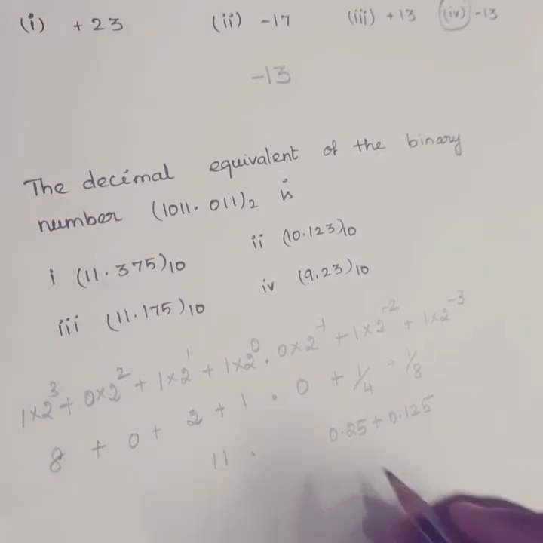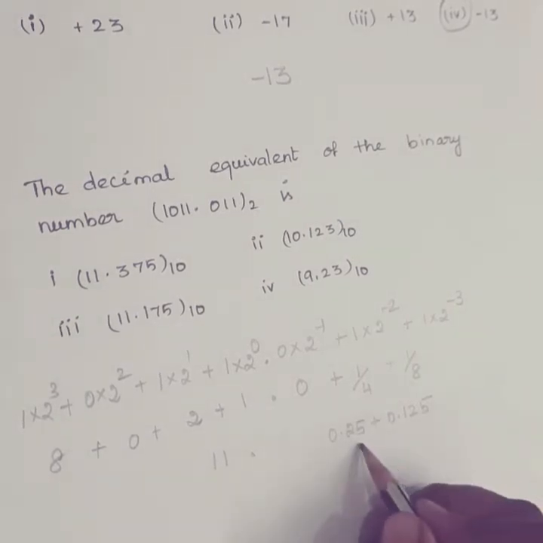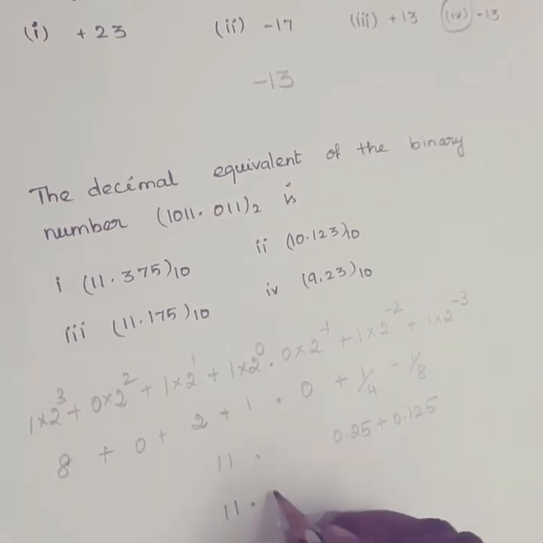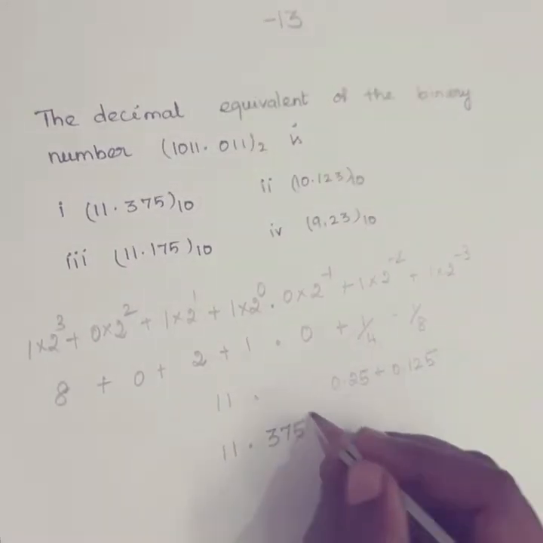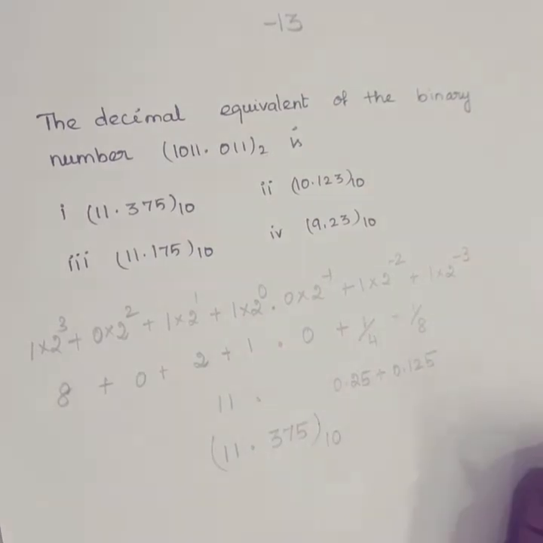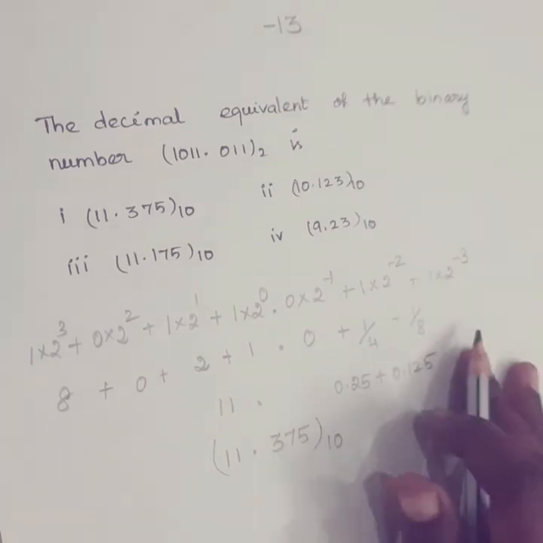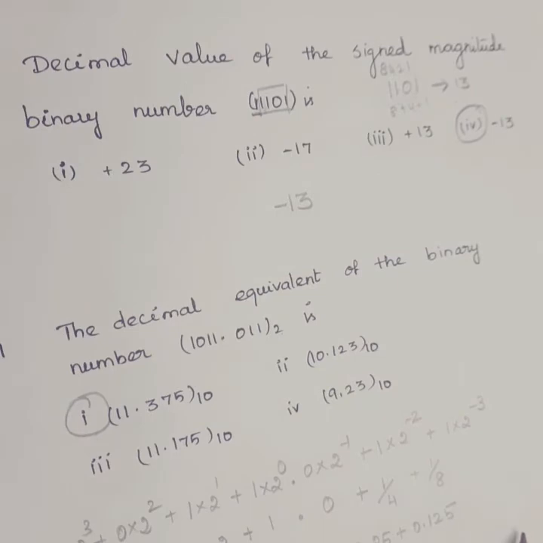If you add these two you get 0.375. So 11.375 is the equivalent decimal number. So the option is 1. 1 is the correct answer.